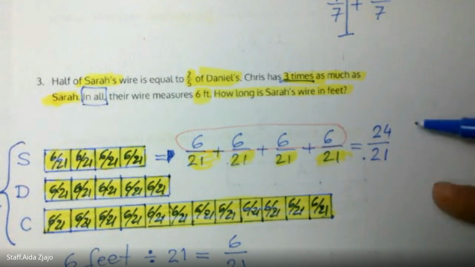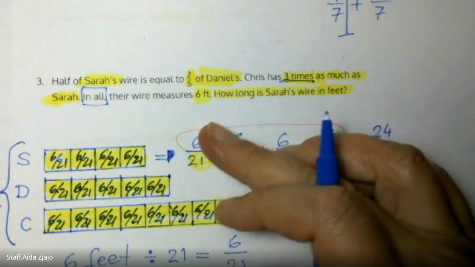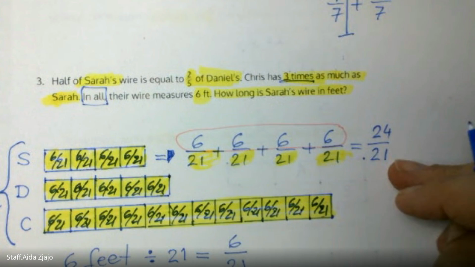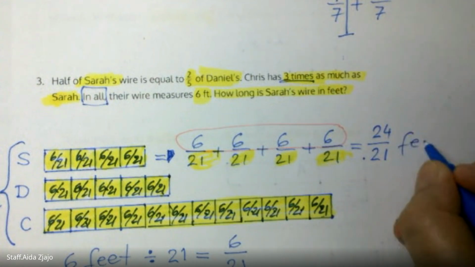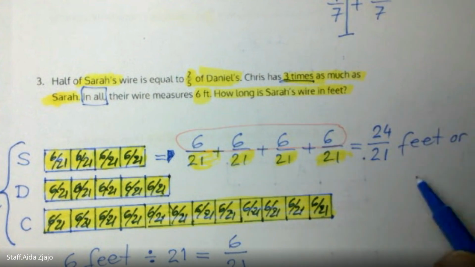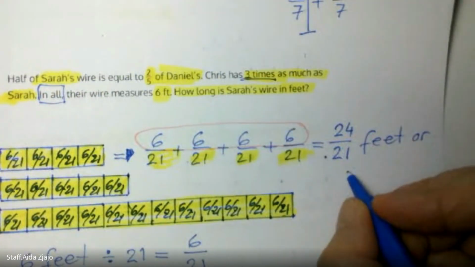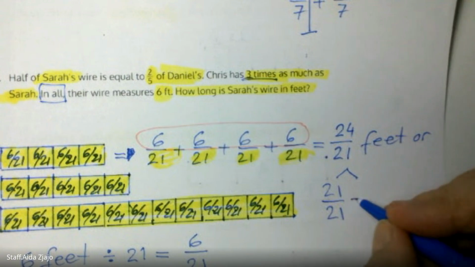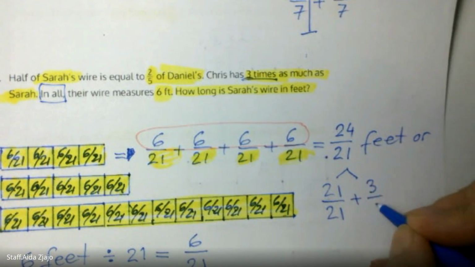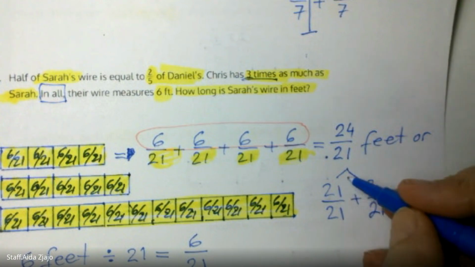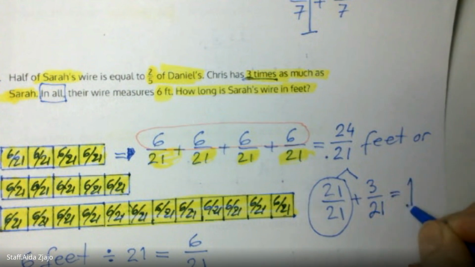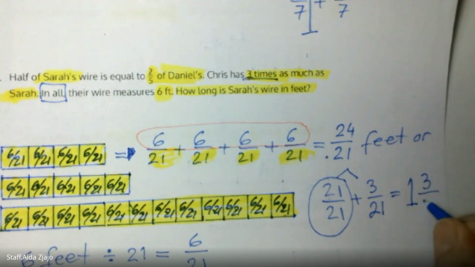So we can say that Sarah's wire is 24 21sts feet long, or we can decompose 24 21sts into 21 21sts plus 3 21sts. This will make the whole and the left 3 21sts, so finally 1 whole and 3 21sts.